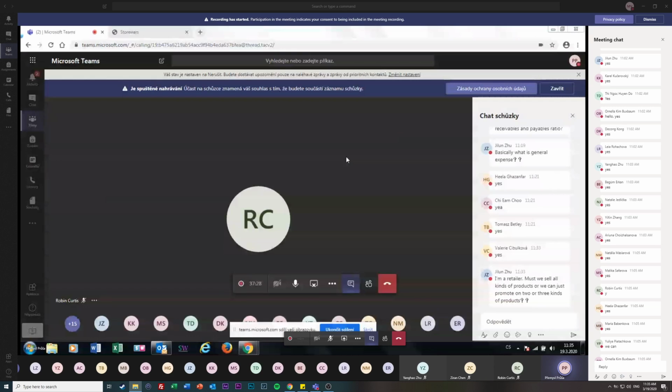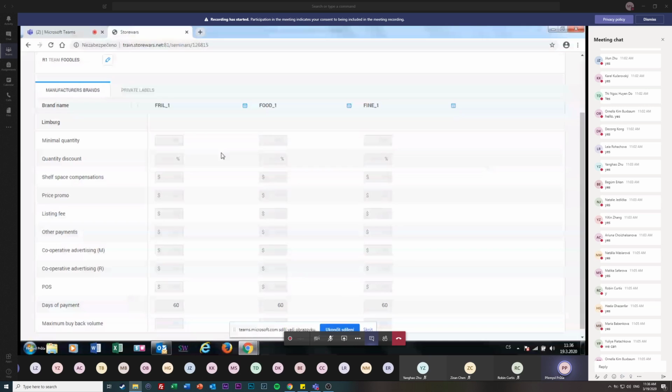All right, so yes, tools, process. So yeah, this is basically the negotiation agreement you can access. This is the example of retailer 1 and manufacturer 1. So the first thing you should negotiate is the quantity discount here. So you can buy a certain quantity, minimum quantity, and you can get a special discount related to the minimum quantity.